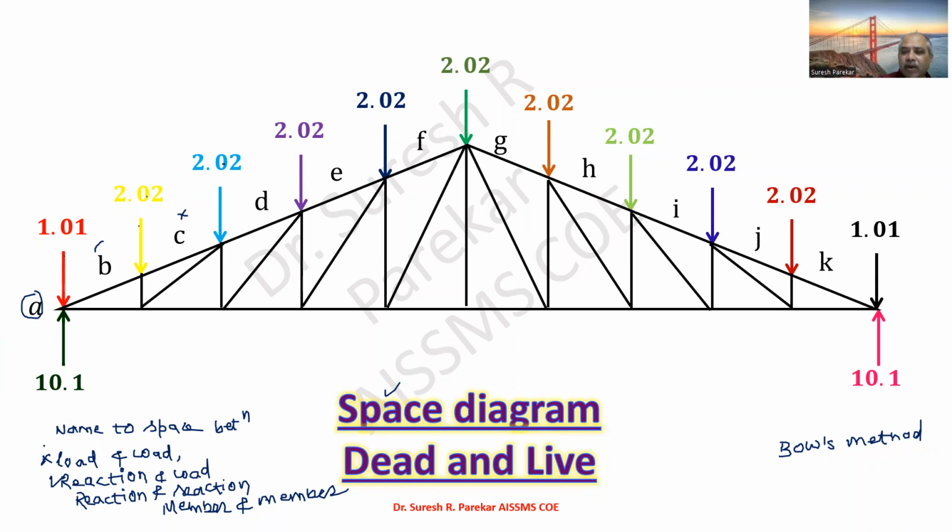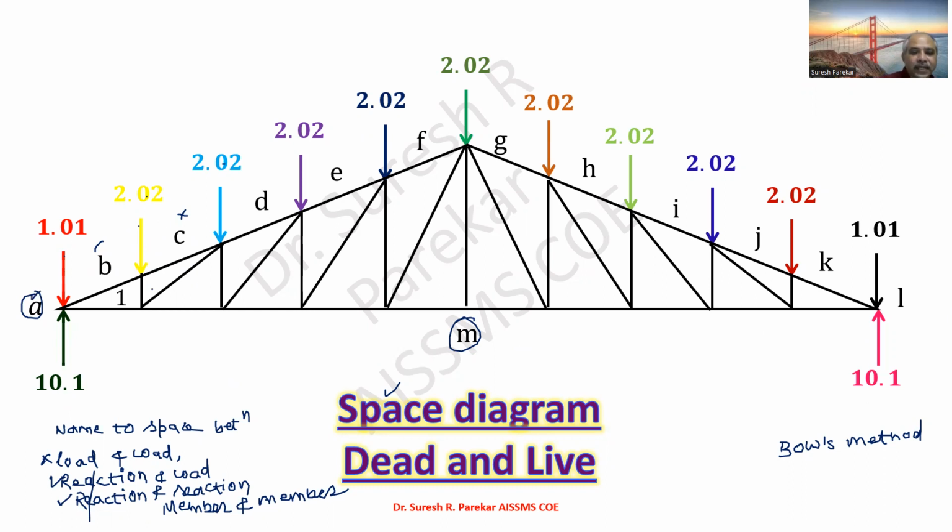Likewise we have given names to the other spaces. This space between the two reactions we have named M. You can see, between reaction and reaction. So generally, between loads and reactions, and between reaction and reaction, where the values of the reactions and loads are known, those spaces are generally denoted by letters.